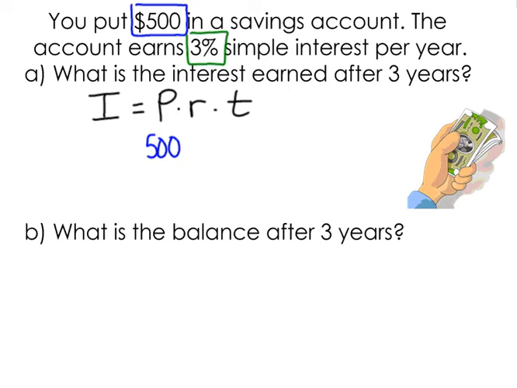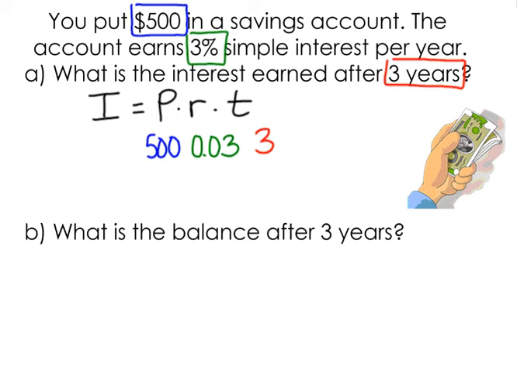That's going to be your rate, but we need to enter that as a decimal. 3% would be equal to 3/100. So we're just going to be moving this decimal place to the left 2 places to get 0.03. And then time is 3 years. So we're going to substitute a 3 in place of time.